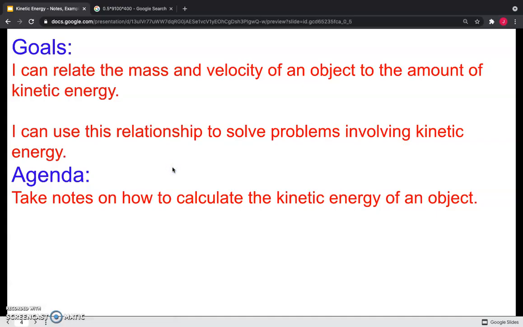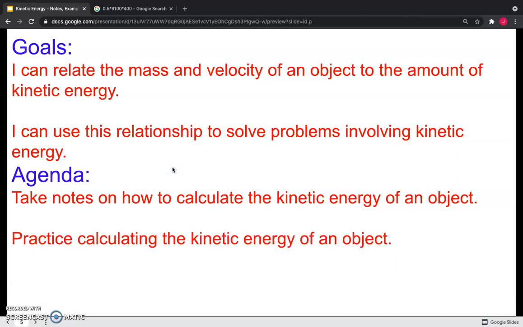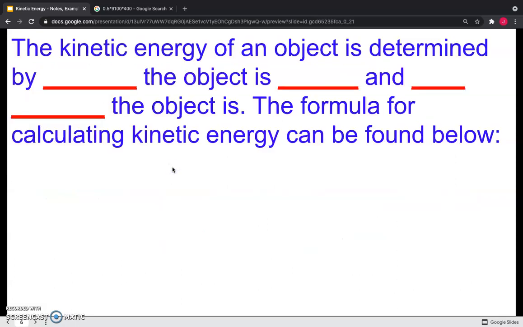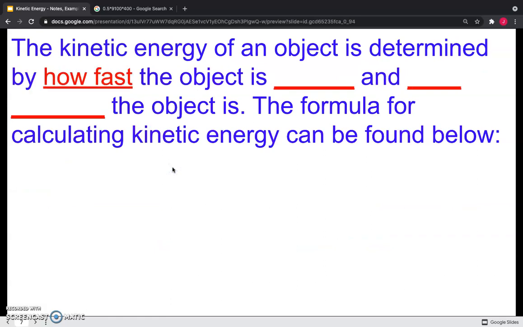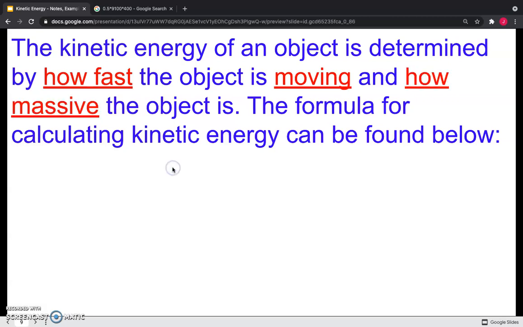Agenda for today, you're going to take notes on how to calculate the kinetic energy of an object. And then you're going to practice calculating the kinetic energy of an object. Kinetic energy of an object is determined by how fast the object is moving, right? So remember that things with kinetic energy have to be moving, and how massive the object is.